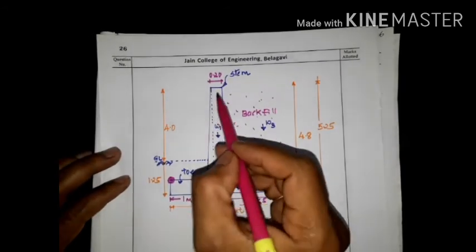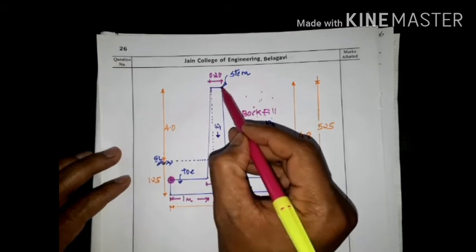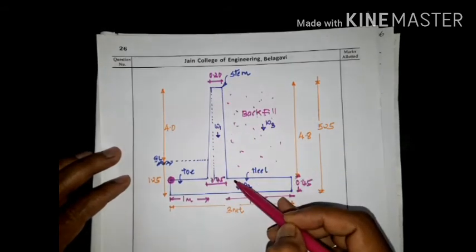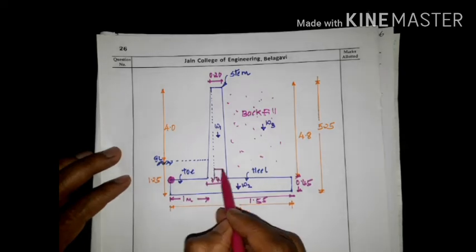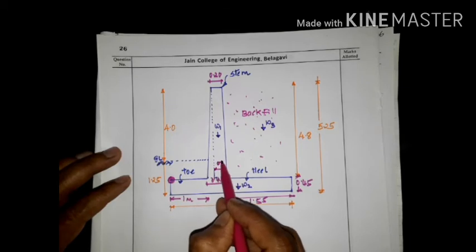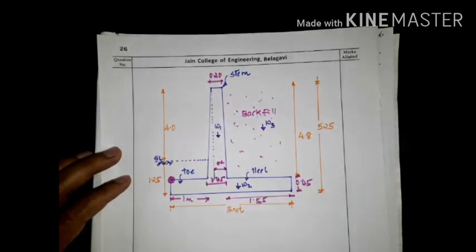Please concentrate. So for rectangular, 0.2 by 4.8 into 25, and for triangular, half, base is 0.25 because total is 0.45 minus this is 0.2, so remaining is 0.25. So half, base is 0.25, height is 4.8 into 25.